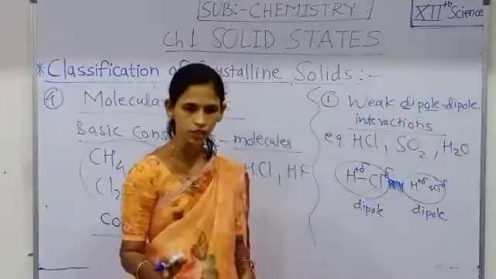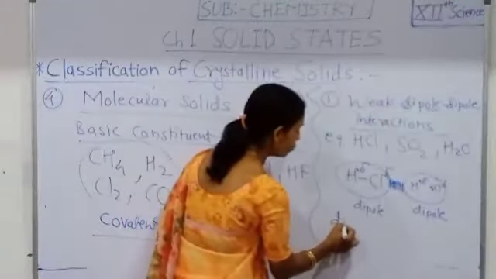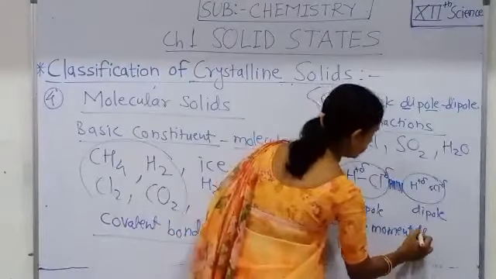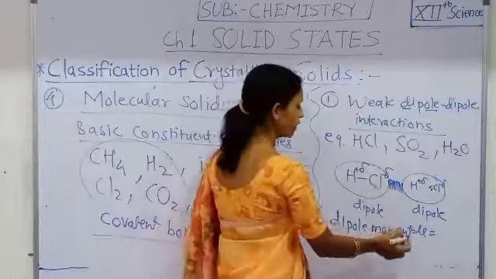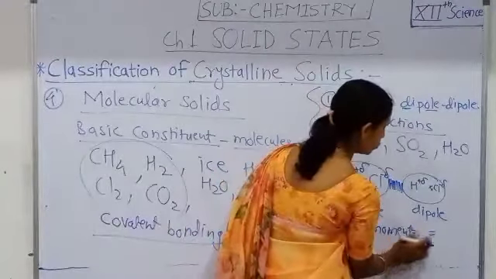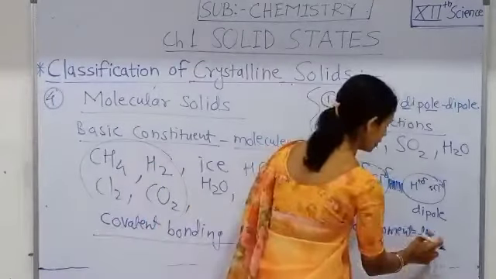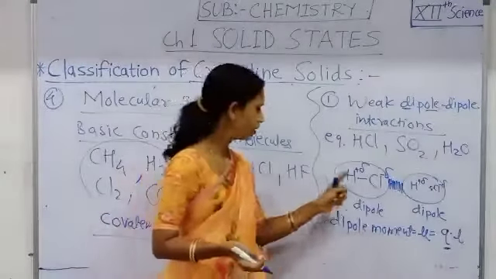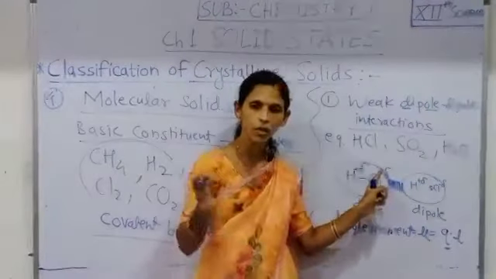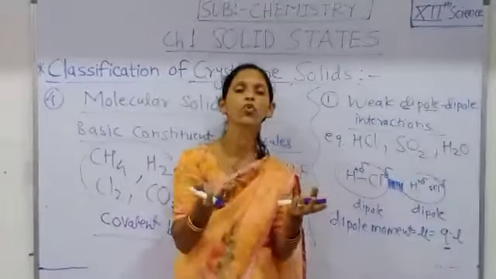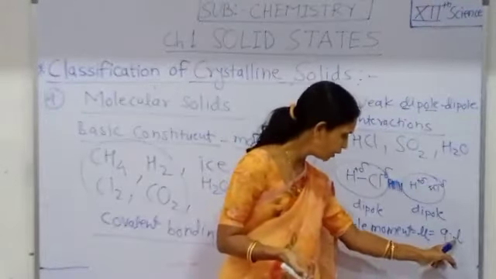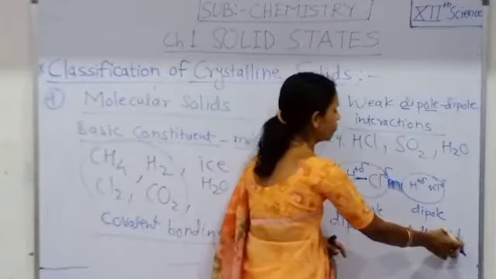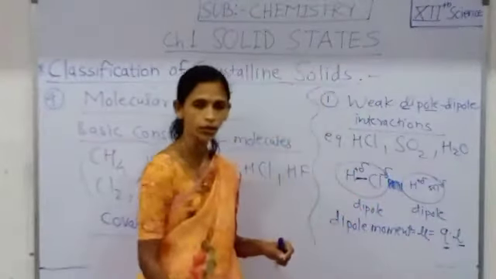Those types of substances have a permanent dipole moment, denoted by mu, which is measured by the formula Q into L. Q means the charge, measured in Coulomb, the partial positive and partial negative charge on the poles of the dipole. L is the distance between the poles, the length of the dipole.